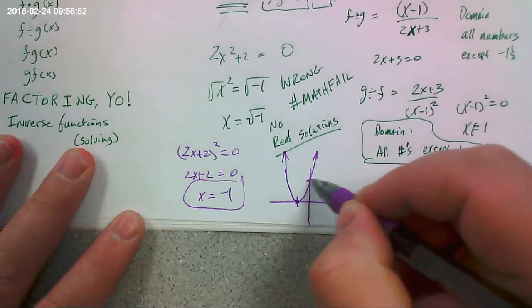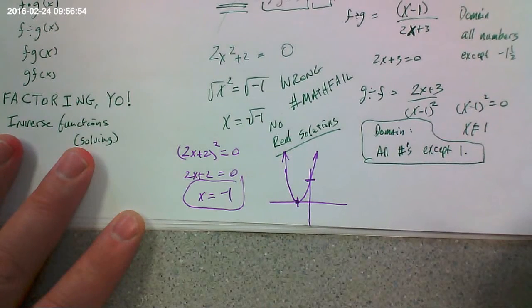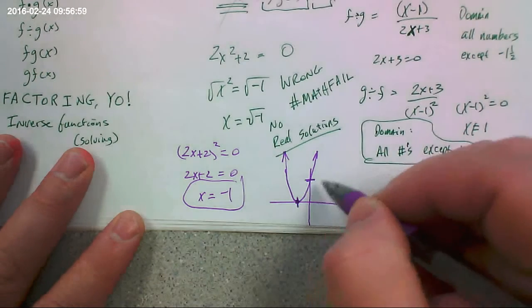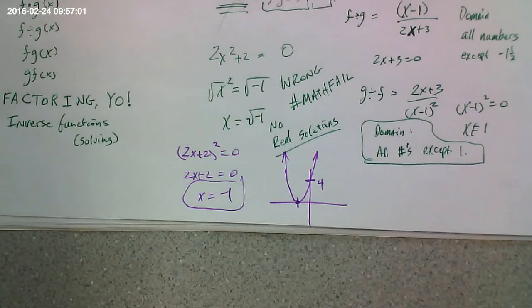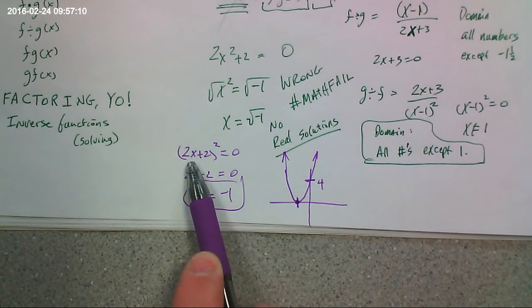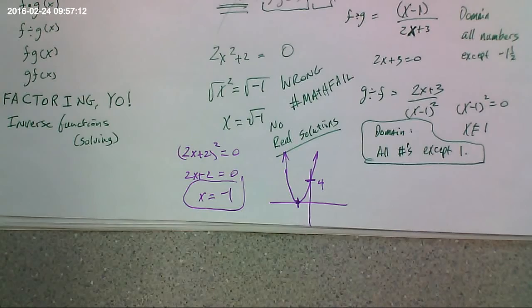What would this be right here, the y-intercept? What would it be? 4. It would be 4. Yep. Put a 0 for x. 2 squared is 4. Yep. Okay, very good.